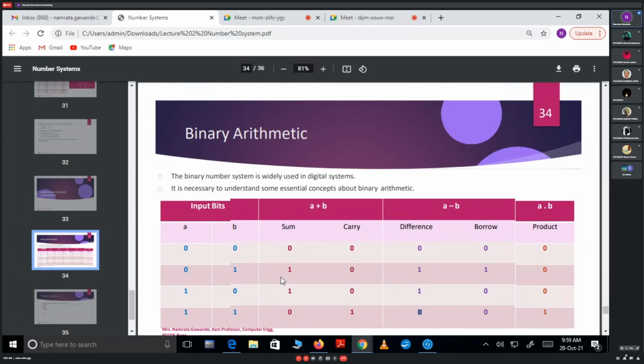Just keep in mind these 2 points: in binary addition you get the carry in 1 plus 1, but in subtraction you get the borrow in 0 minus 1. Whenever you subtract a higher value from a lower value, you get a negative result.